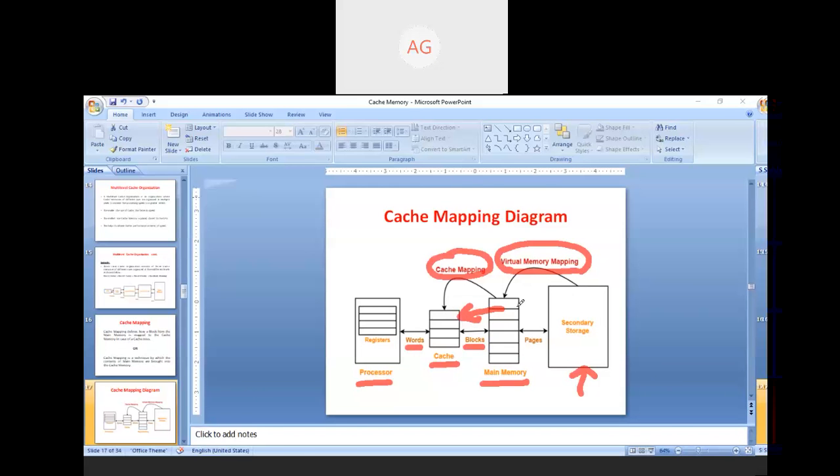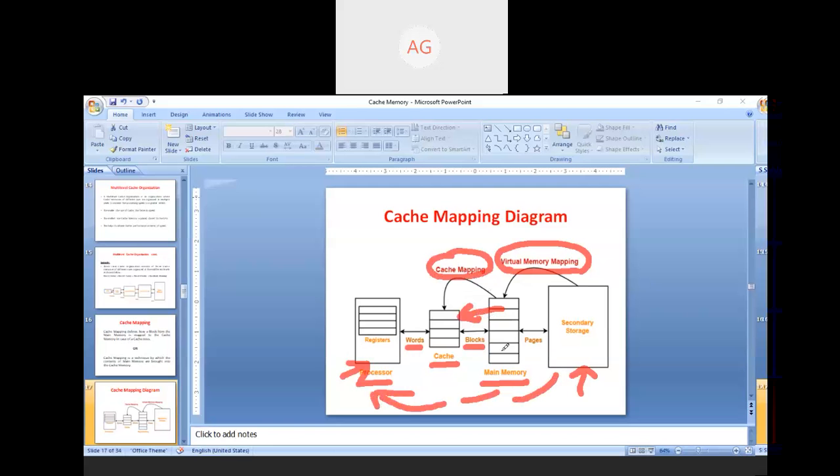The important thing is that we need to process all the data in the CPU, because the execution only happens in the CPU or the processor. So we need to transfer the data either from the secondary memory or the main memory to the CPU in order to execute that data. But the form of mapping is different.